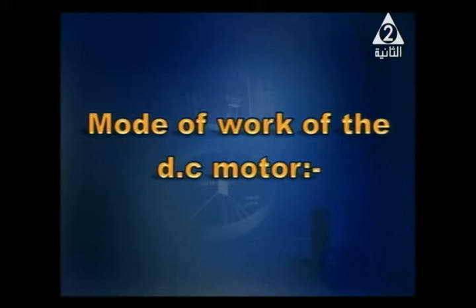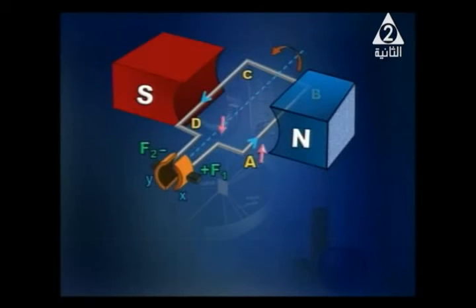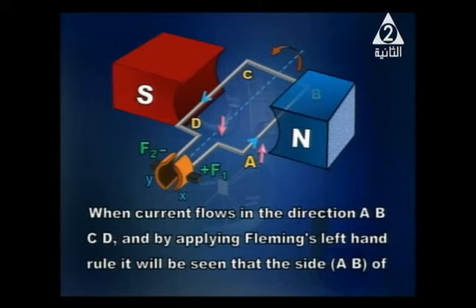Now, talking about mode of work of the motor. How does it work? When current is allowed to flow in the coil in the direction AB, side AB and side CD are acted upon by two forces.